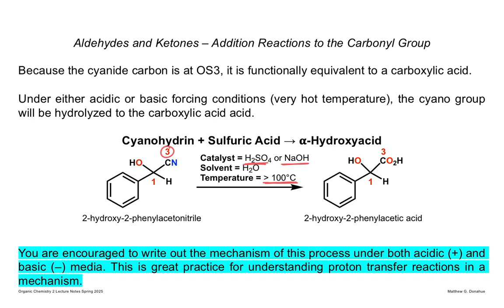So we call those forcing conditions because you have to add a lot of heat to this. And what's happening is you're hydrolyzing the nitrile to an acid, while maintaining that oxidation state.